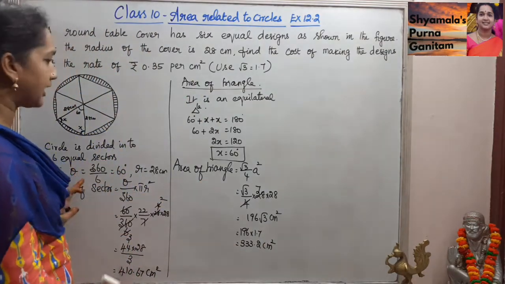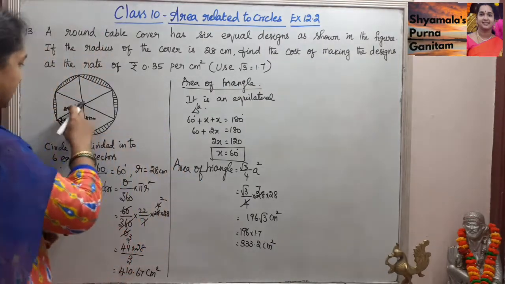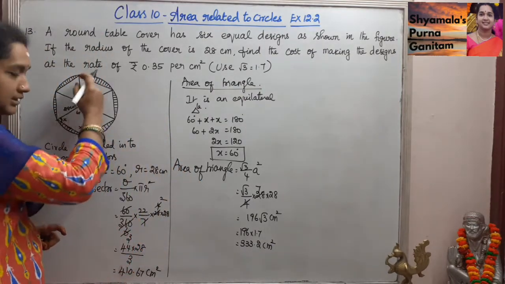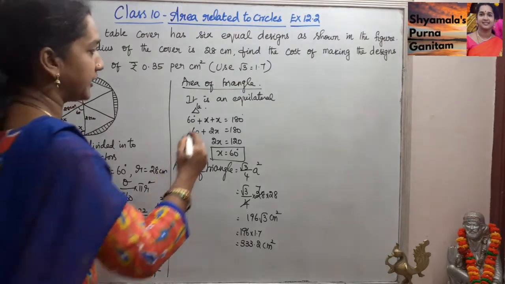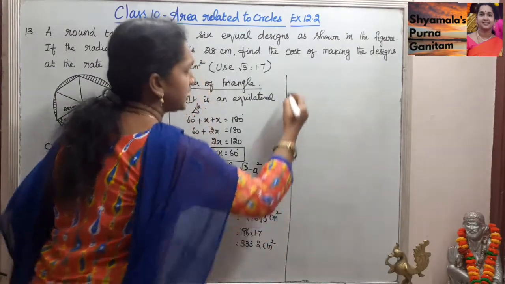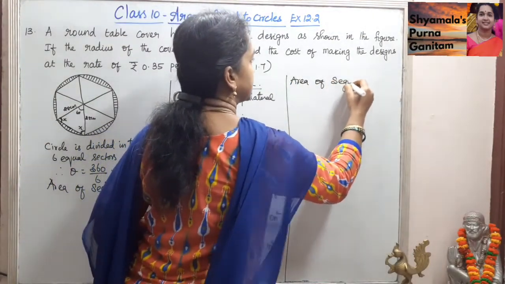When we subtract area of the sector minus area of the triangle, we will get the area of the shaded part. The shaded part is nothing but the segment.